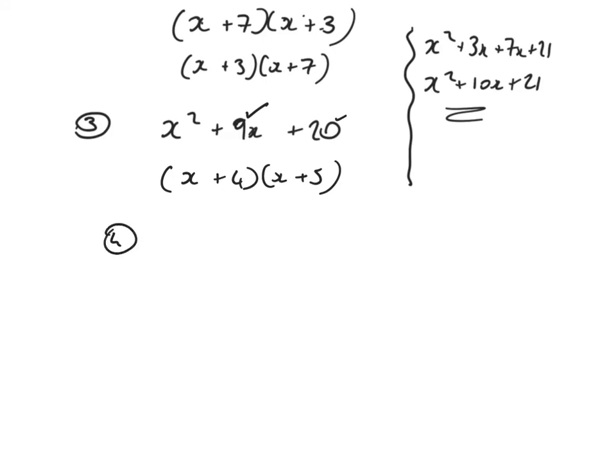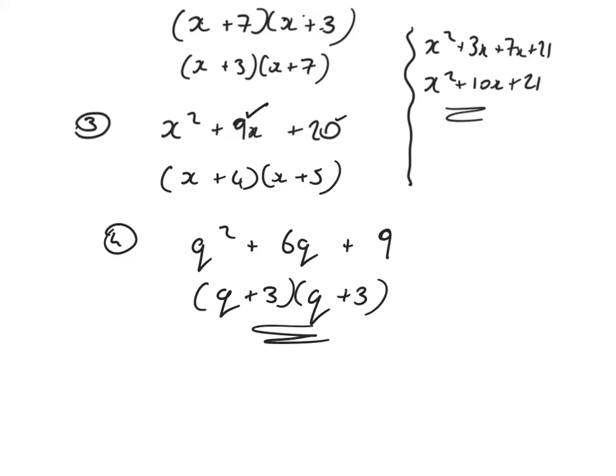Example 4. q squared plus 6q plus 9. Okay, two numbers that multiply together to give 9 and add together to give 6. Two numbers that multiply to give 9, add together to give 6 is 3 and 3. So that's (q plus 3)(q plus 3).